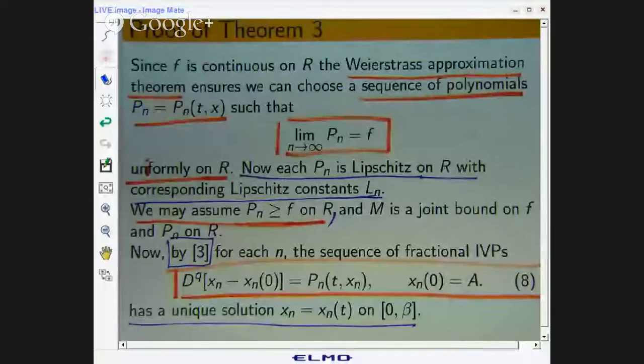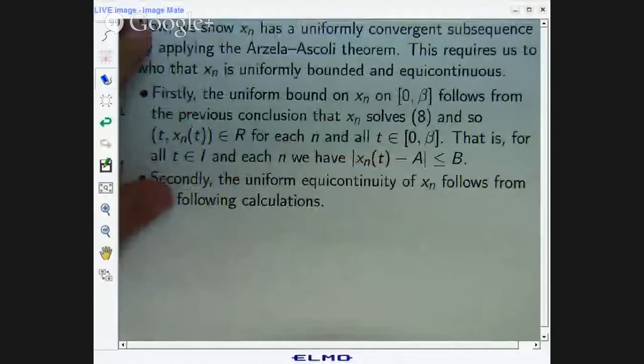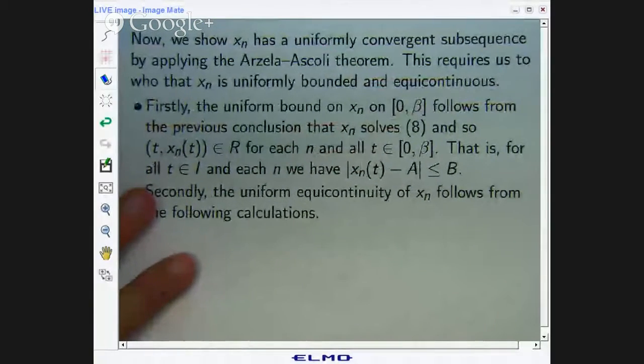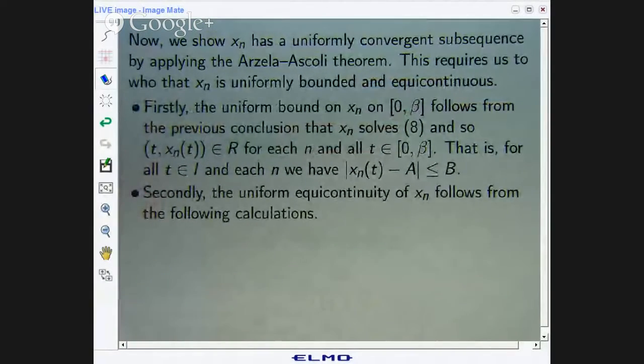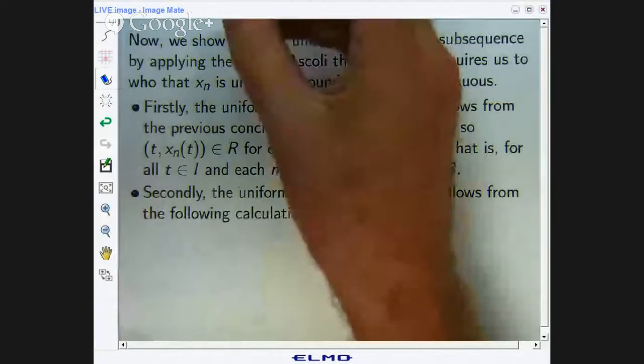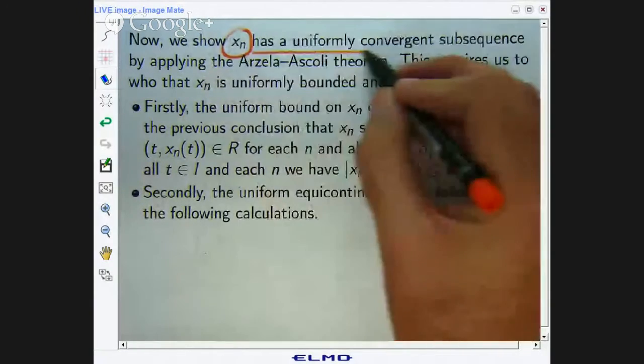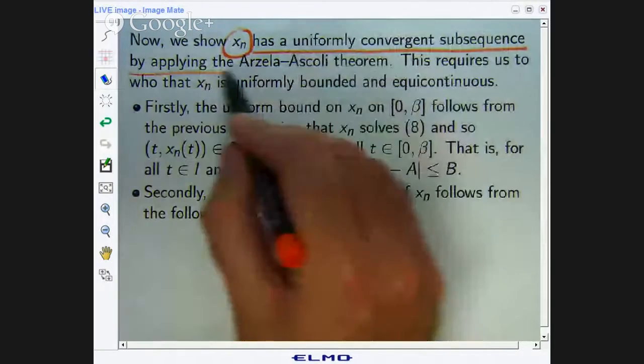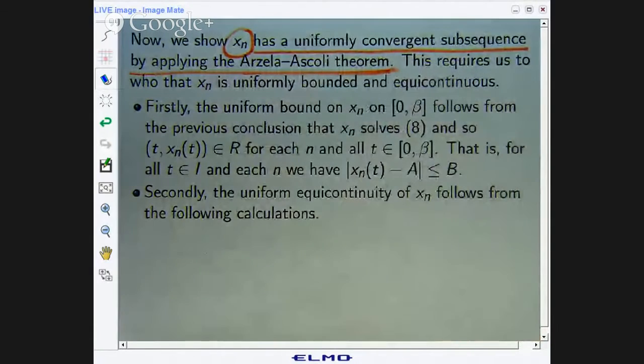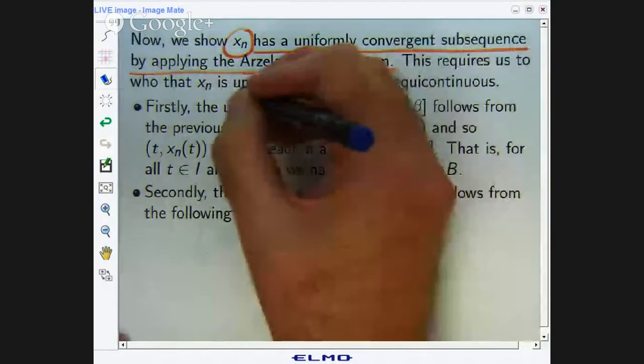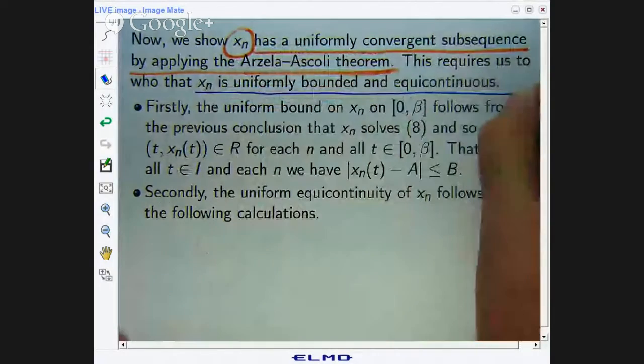Okay, so this problem's got a unique solution for every n. So we're going to do two things. We're going to show that our sequence has a uniformly convergent subsequence by applying an idea called the Arzela-Ascoli Theorem. And you can do that by showing the x_n is uniformly bounded and equicontinuous.